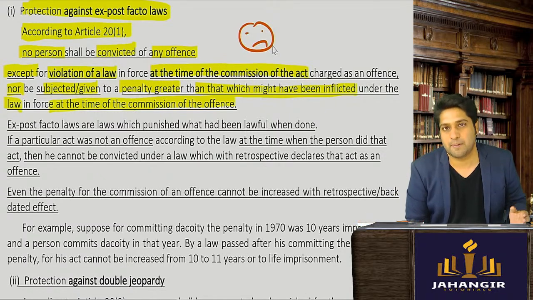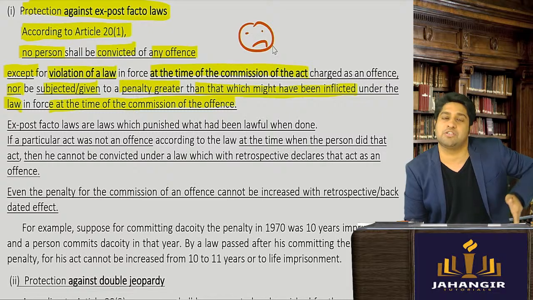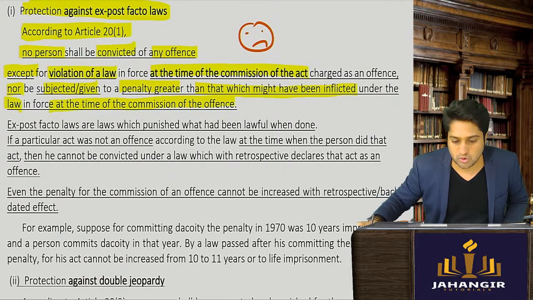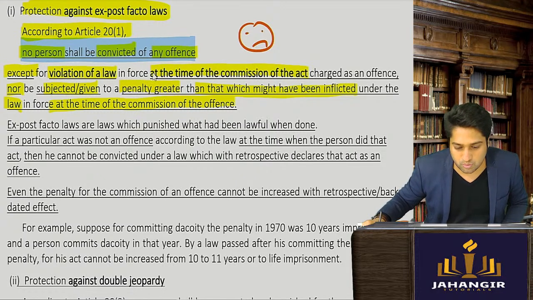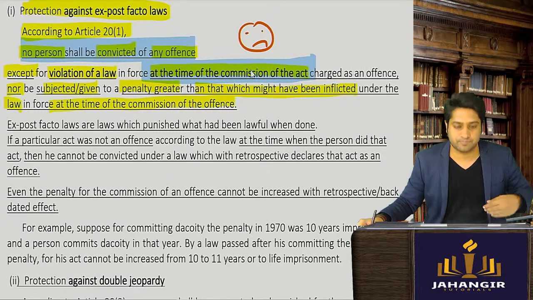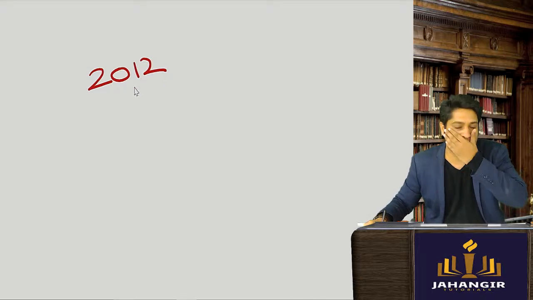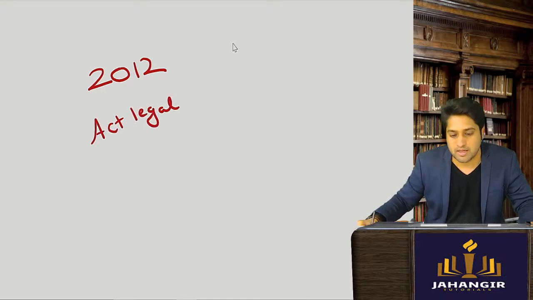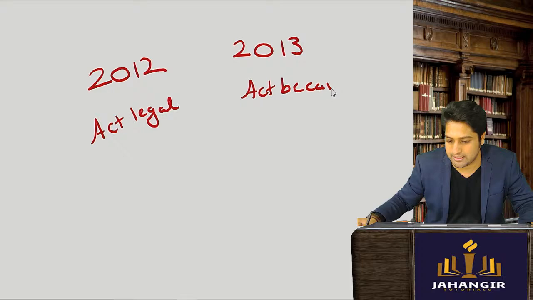So it says something very simple. No person shall be convicted of an offence unless it was an offence when it was done. For example, in 2012 there was an act which was legal. In 2013 the same act became illegal.